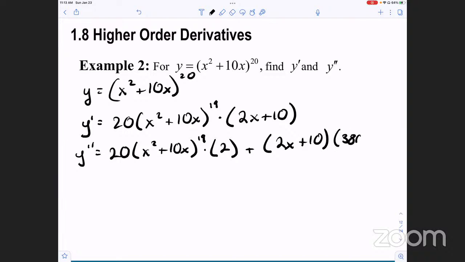So then we're going to get 380, and then we're going to have another x squared plus 10x, now to the power of 18, and then times the inside function. The derivative of the inside function is going to be 2x plus 10. Okay, on one line.